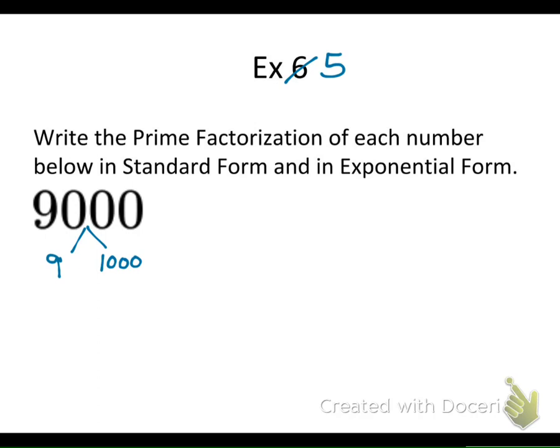Can I factor 9? What times what equals 9? 3 times 3. Those are prime, so I'm going to circle them. Now I'm going to come to the fun part. What can I factor for 1,000? What 2 numbers can I multiply together to get 1,000?